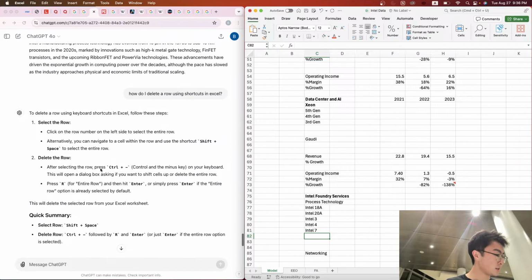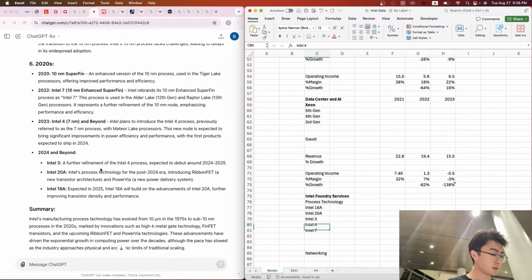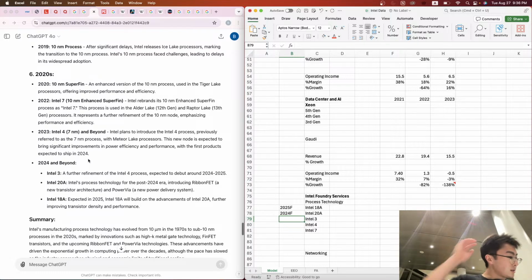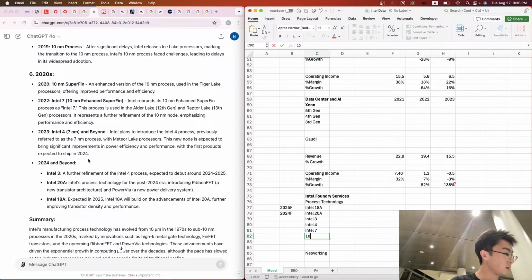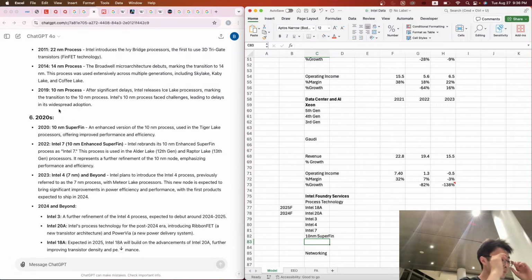Seven. 2024, let's say forecast, 2025 forecast. 10 nm SuperFin. Shift Fn F2.